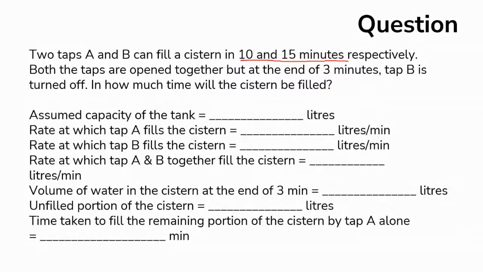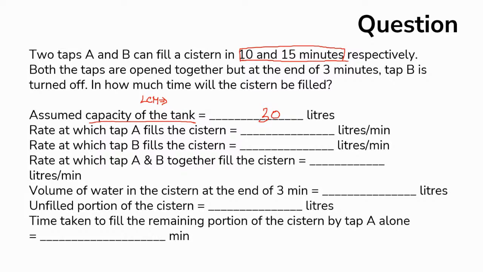As we did in the earlier case, I don't know the total capacity of the tank. So we take the LCM, an assumed value, of these numbers 10 and 15. We get an LCM of 30.